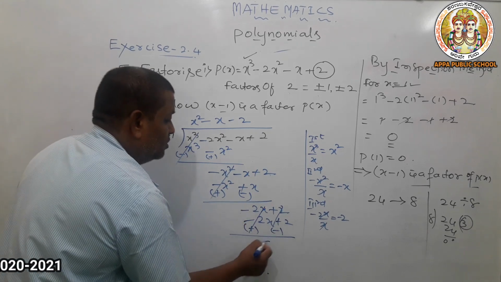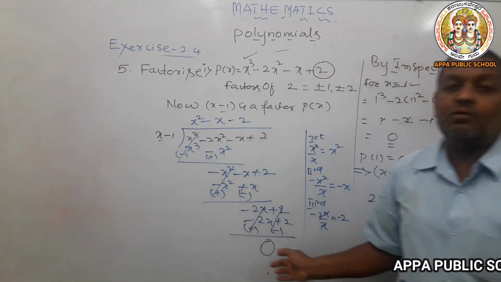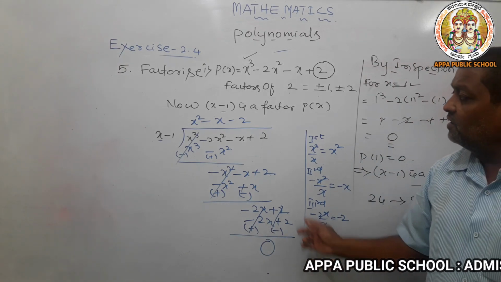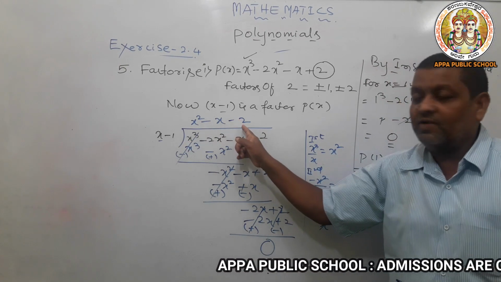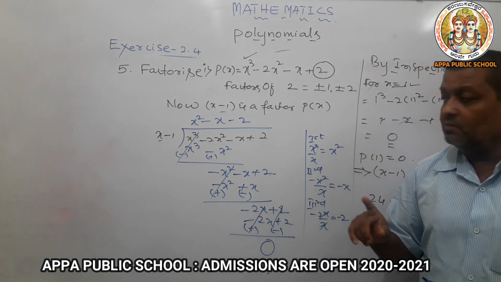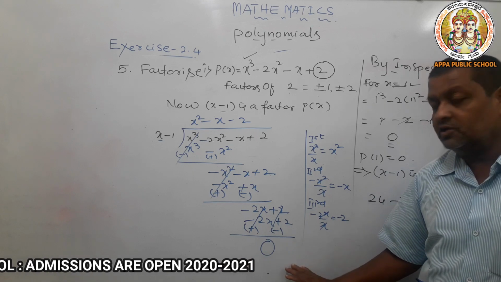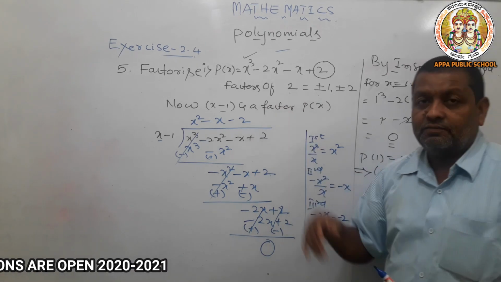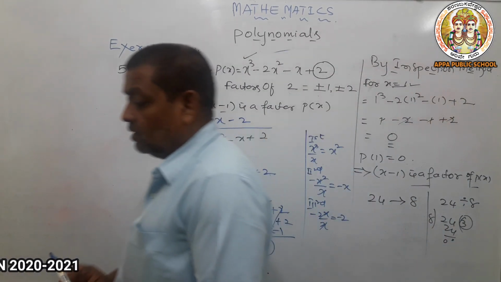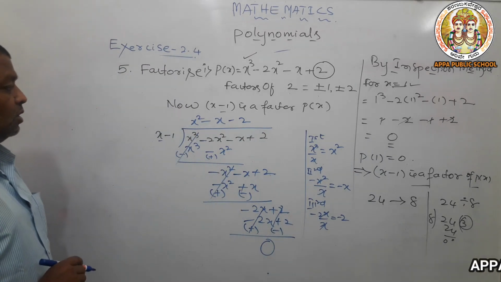If we do not get 0, then definitely our work is going wrong, because we are checking for another factor. I already told you, by the factor theorem, the remainder should come 0. Unless we get remainder 0, we can't say it is a factor. So that's what we need to get, remainder 0.